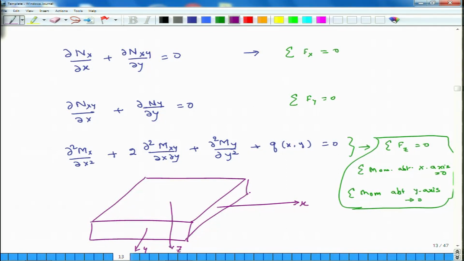When I add up all the forces in the x direction to be 0, I get the first differential equation. What does it mean? It relates to forces which are in the plane of the plate, because they are acting in the x direction. So, this is an in plane equation.